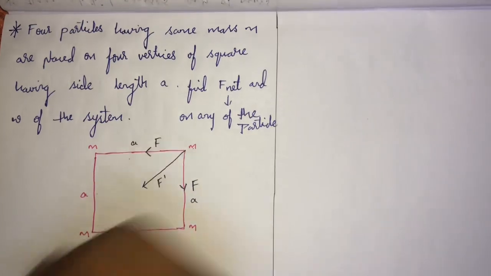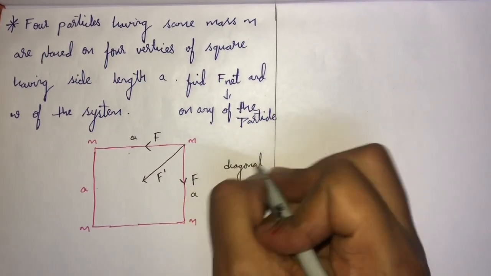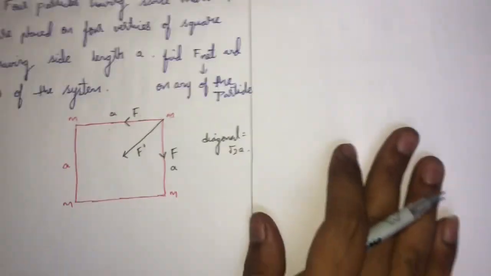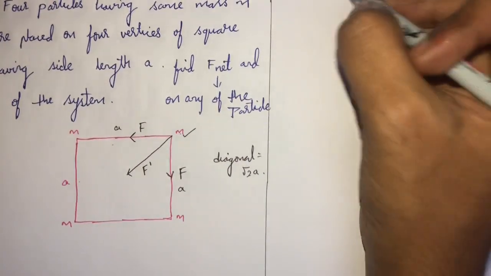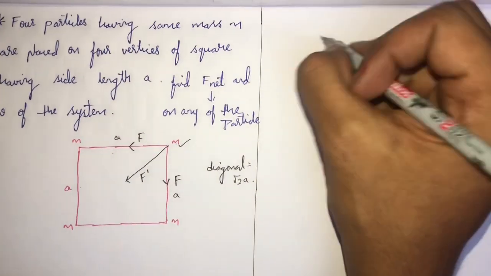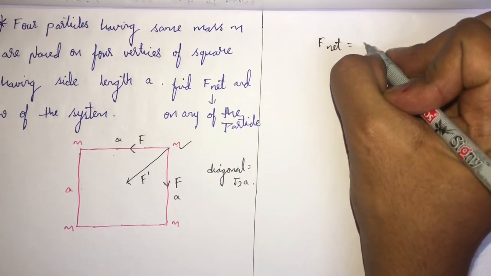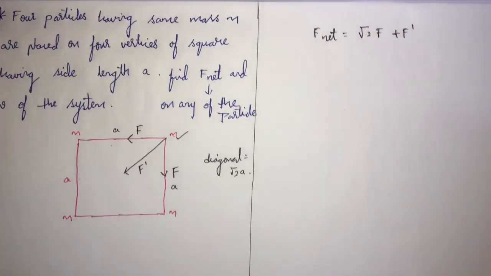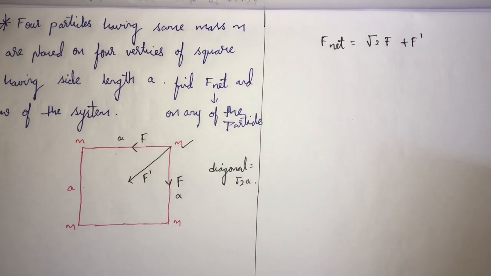The value of the diagonal will be root 2 a. So the F net force on this mass will be F net equal to root 2 F plus F dash. The F resultant of these two forces will be root 2 F.